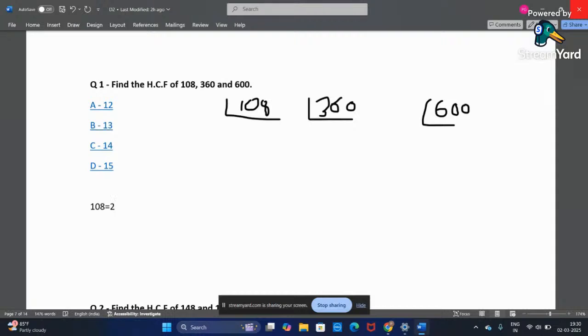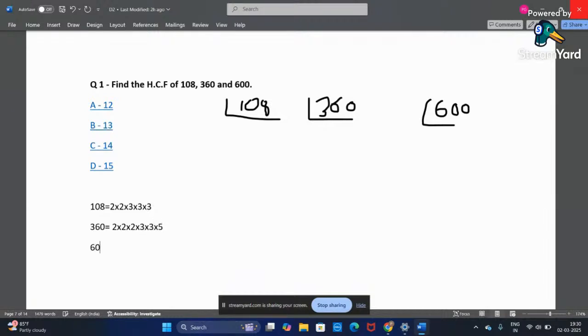We'll get 2 into 2 into 3 into 3 into 3. Okay. For 360, we'll get 2 into 2 into 2, 3 into 3, and 5.